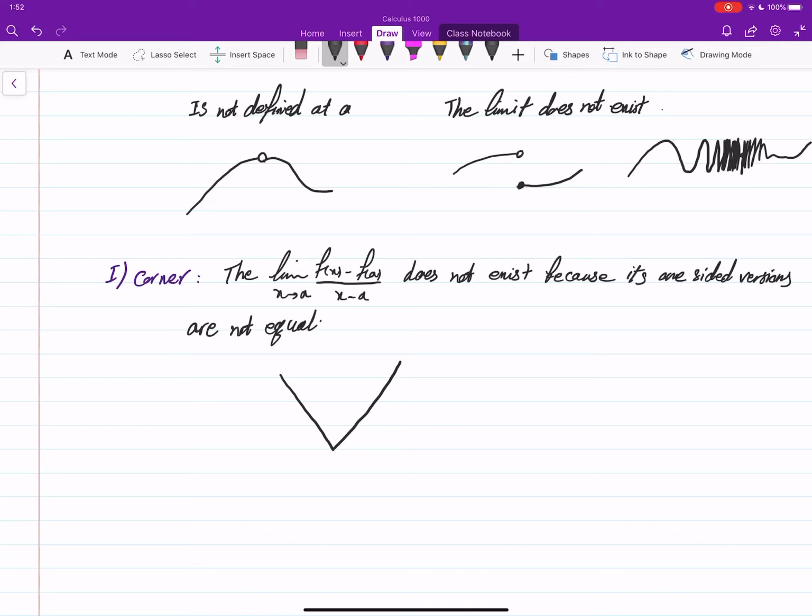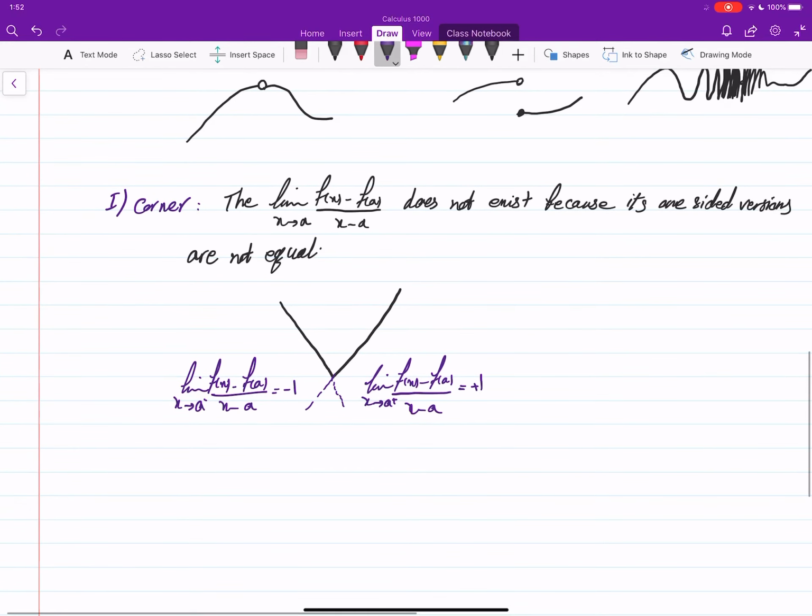So these are the ones like the absolute value of x. You see, when you go from the left, the limit of f of x minus f of a over x minus a as x approaches a from the left is -1. If you go the other way around, as x approaches a from the right, it is +1.